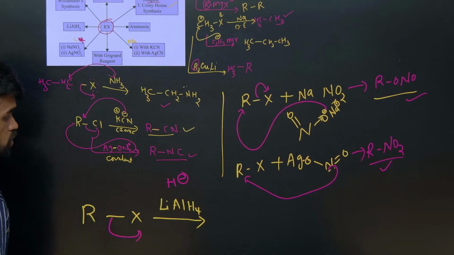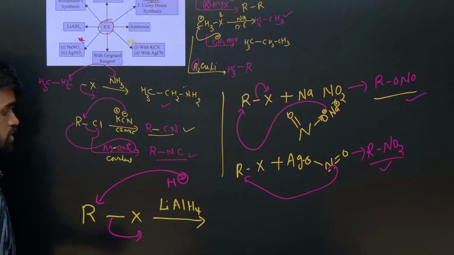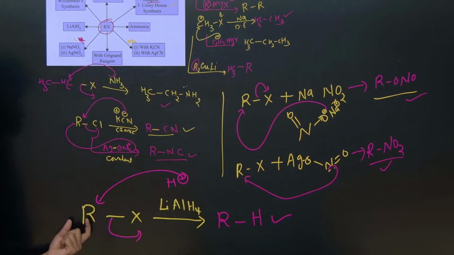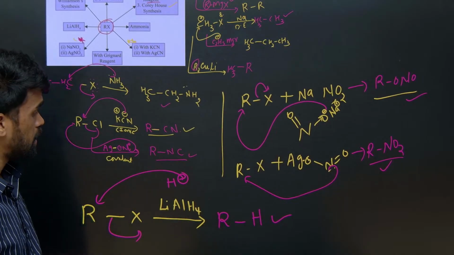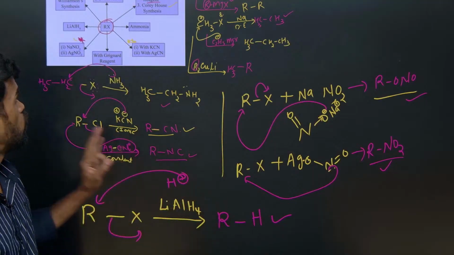When the halide ion goes out, H minus comes in and forms the respective alkane. If it is methyl halide, we get methane; if it is ethyl halide, we get ethane. I hope it is clear.